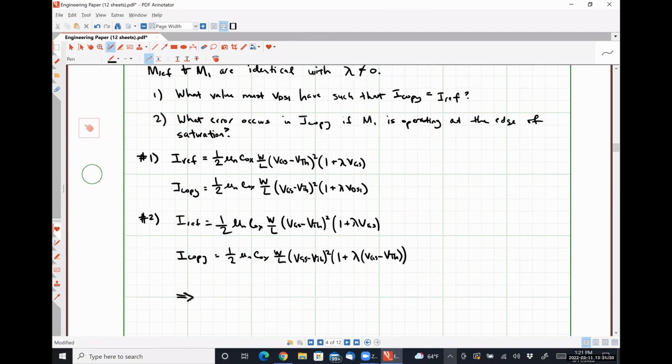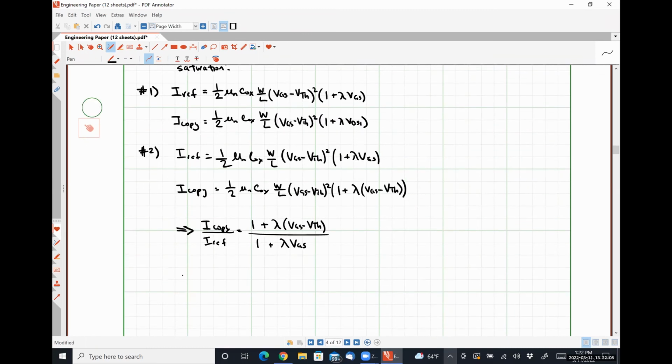And so we can say that I copy over IREF is simply 1 plus lambda (VGS minus VTH) divided by 1 plus lambda VGS, and therefore I copy is IREF times 1 plus lambda (VGS minus VTH) divided by 1 plus lambda VGS.